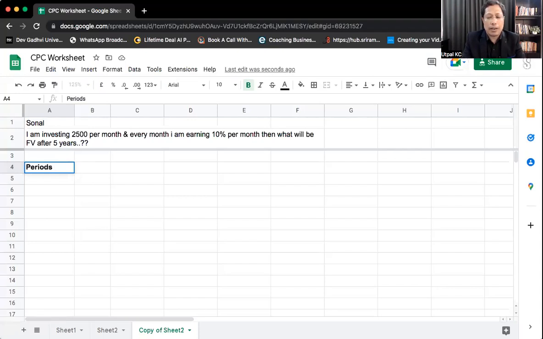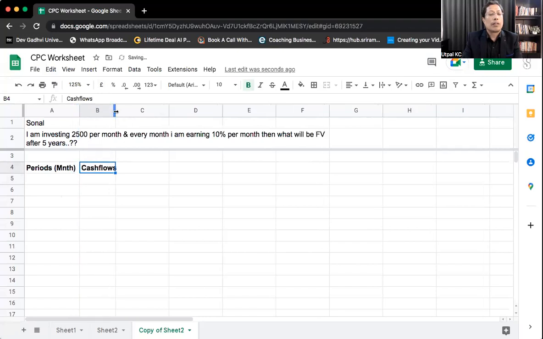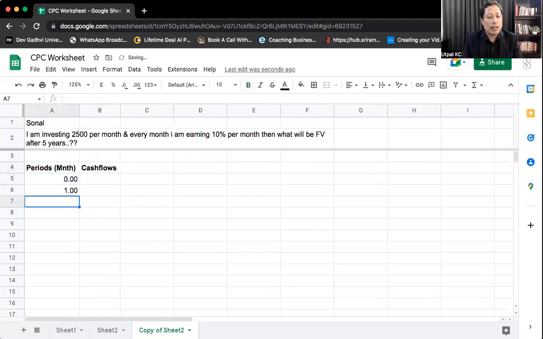Periods are in months. Then here are the cash flows. I am investing 2,500 per month. Zero, 1, 2.